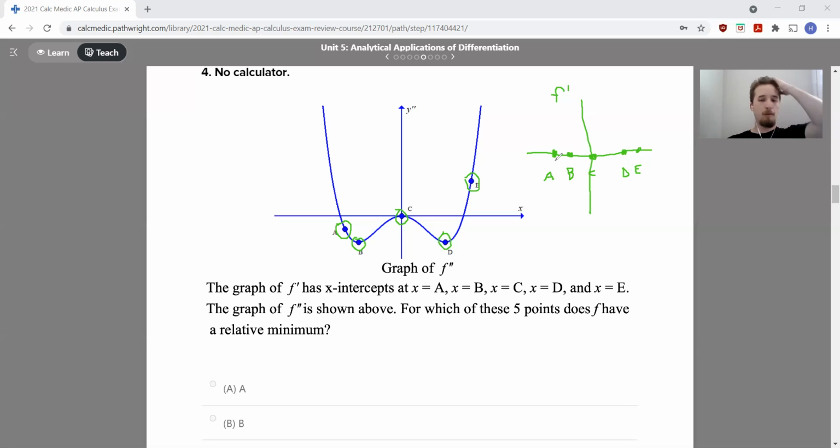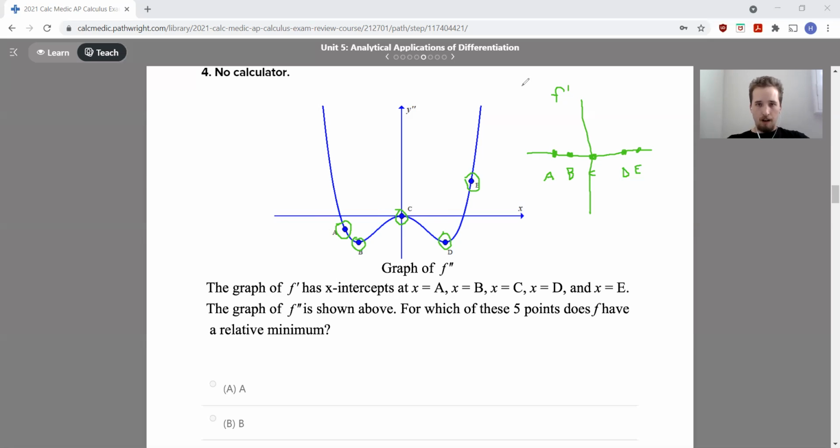Okay, well, we know that if f prime has zeros at these 5 points, that means they must be critical points, right? So they could be a minimum, maximum. They might be neither, just a critical point. But what we can do is f double prime is going to describe the slope of f prime, right?